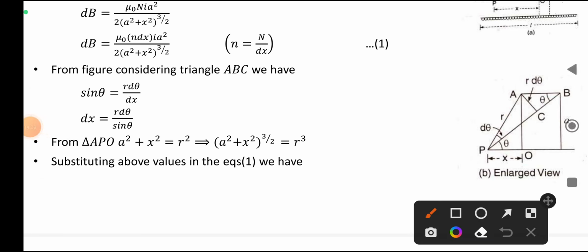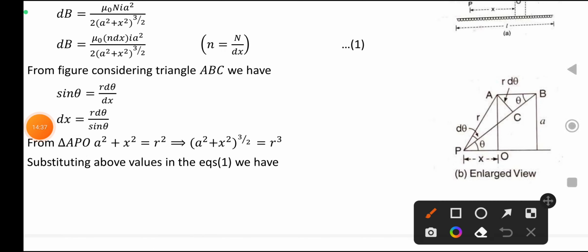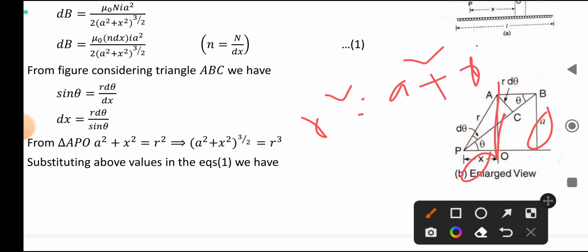Hypotenuse is R. We know that according to Pythagoras, hypotenuse square is equal to side square plus side square. This side is a. So R square is equal to a square plus x square.